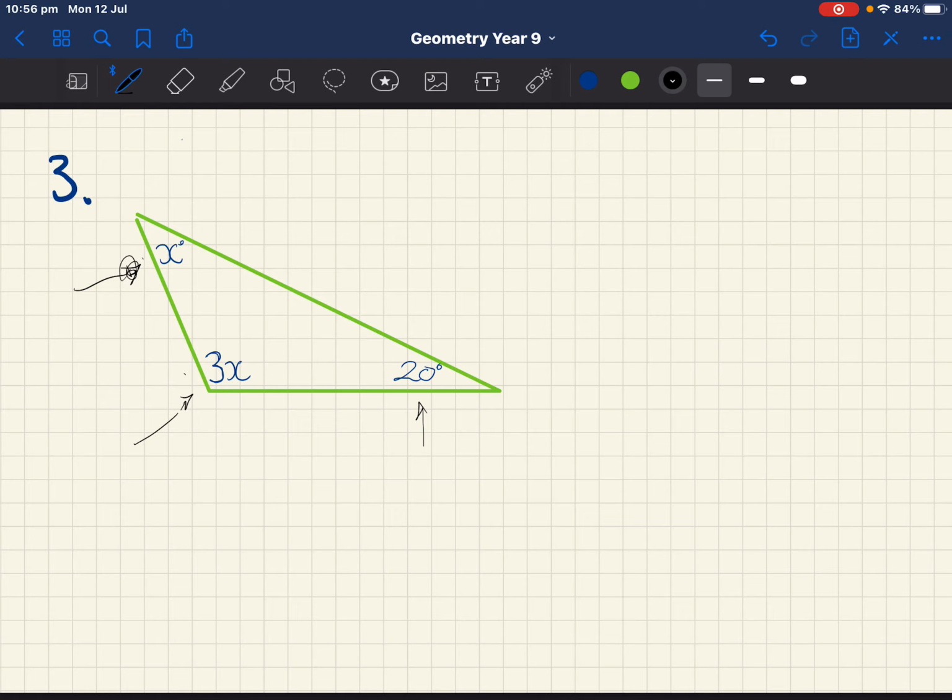How are we going to do it? Well, the same way we've done the first two. We use our geometry to create an equation. So we know that triangles have an angle sum of 180. That means that this angle plus this angle plus this angle, it doesn't matter what order you add them up. I'm just picking an angle and going clockwise, to be honest.